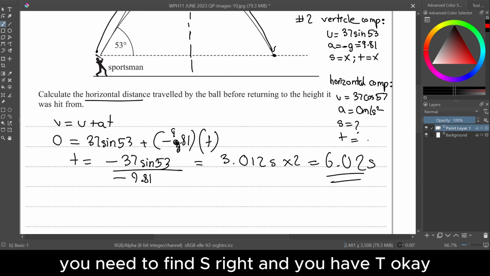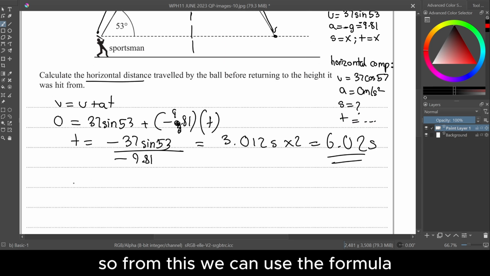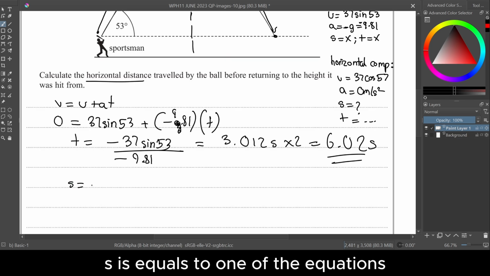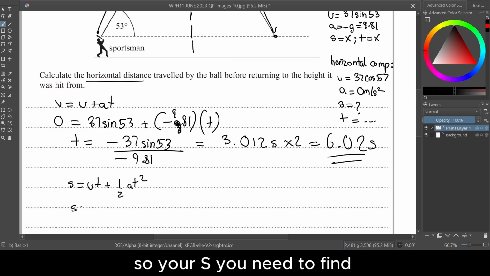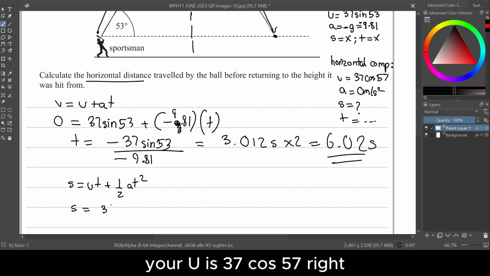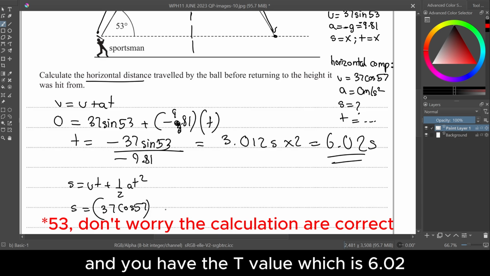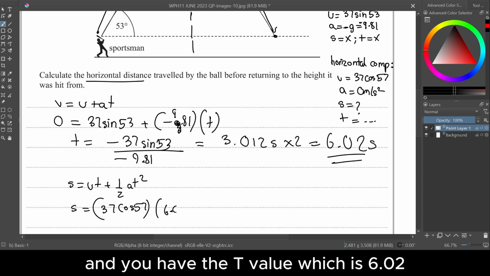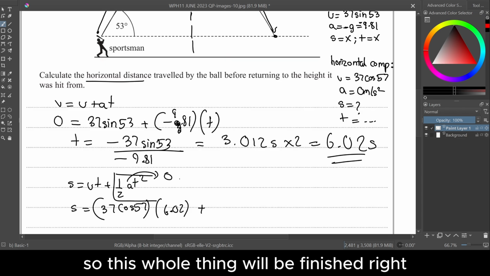And you have t. So from this, we can use one of the equations of motion formulas: s is equal to ut plus 1/2 at squared. So your u is 37 cos 53, and you have the t value, which is 6.02, and you know a is 0, so this whole thing will be finished.